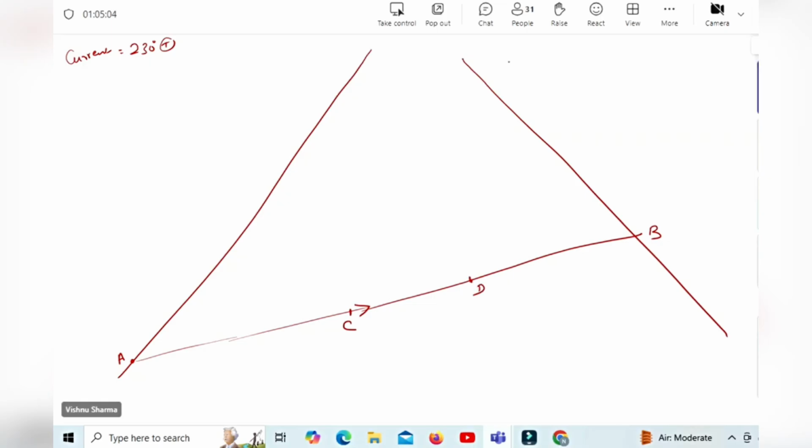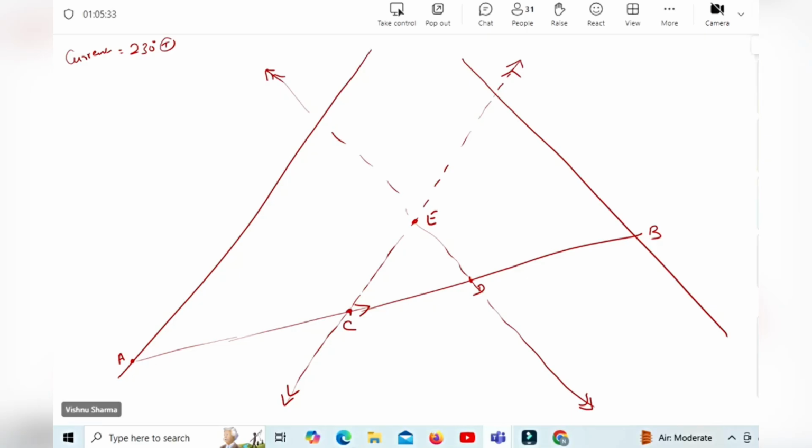I transfer through C my first PL. I transfer through D my third PL. Up to this, you will not get stuck. Now, guys, you have to plot through C. This is E. Now you have to plot your current through C. Now you tell me, if I plot 230 through C, is it going to cut the third PL transferred?